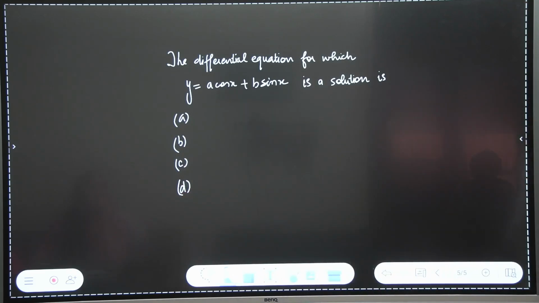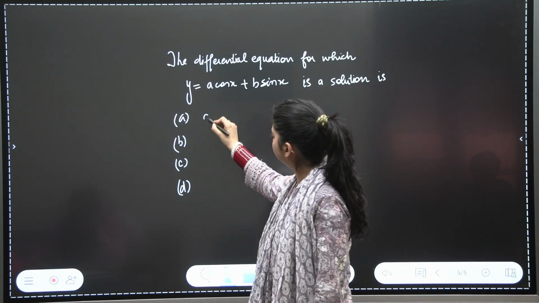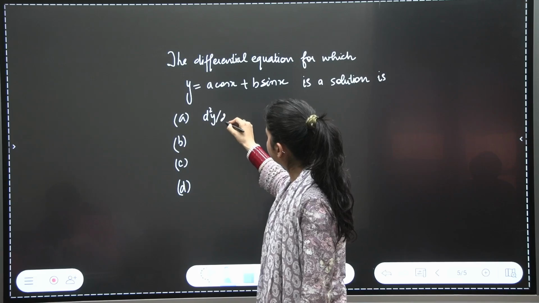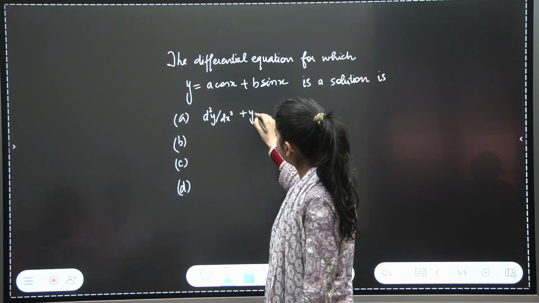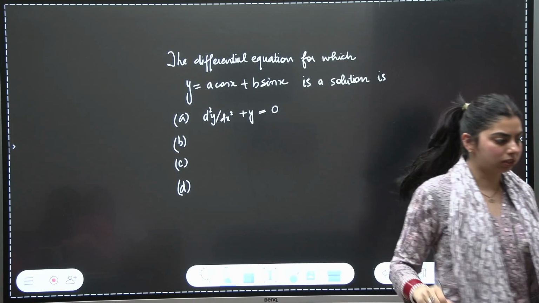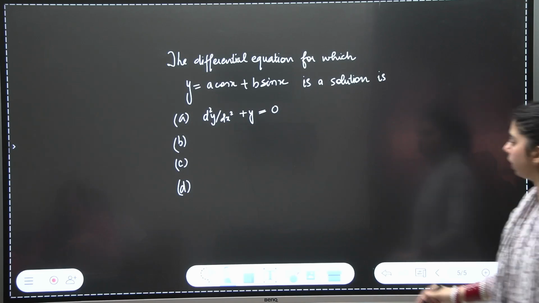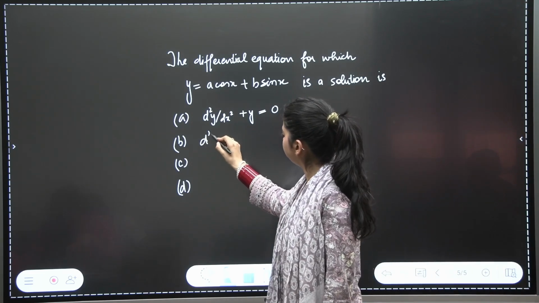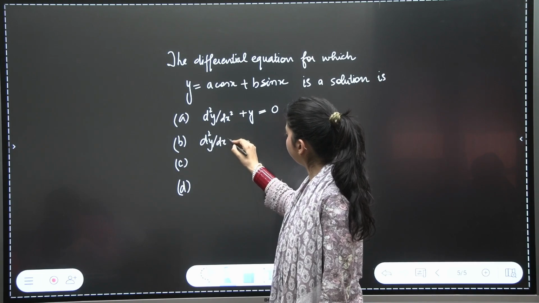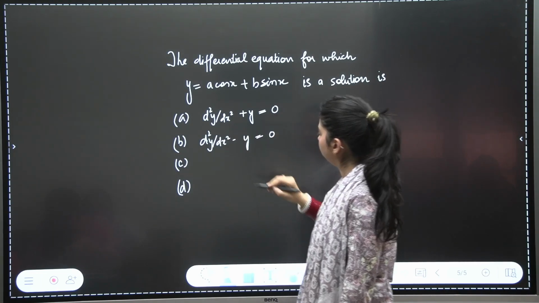The first one is d square y by dx square plus y is 0. The next one we have is d square y by dx square minus y is 0. Right?